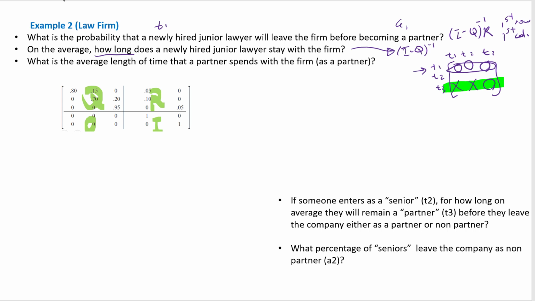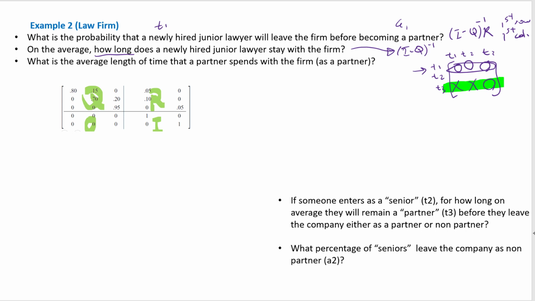So I need to look at that number, and I expect those two numbers to be just zeros. If someone enters as a senior, which is T2, for how long on average they will remain a partner before they leave the company, either as a partner or non-partner?